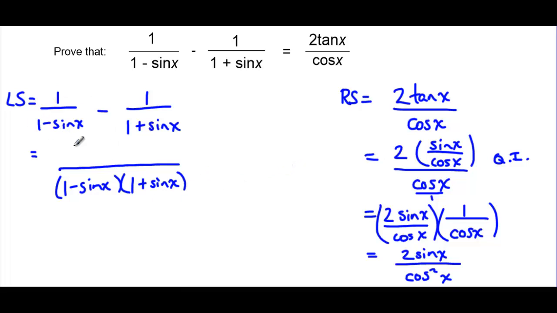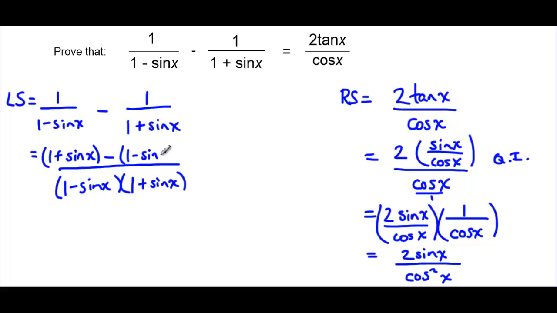Well, our first fraction only had this 1 minus sine x, so we need to multiply the numerator by the new factor, which is 1 plus sine x. So 1 multiplied by 1 plus sine x is just 1 plus sine x. Same thing goes with this other numerator of 1. So subtract 1 times 1 minus sine x.